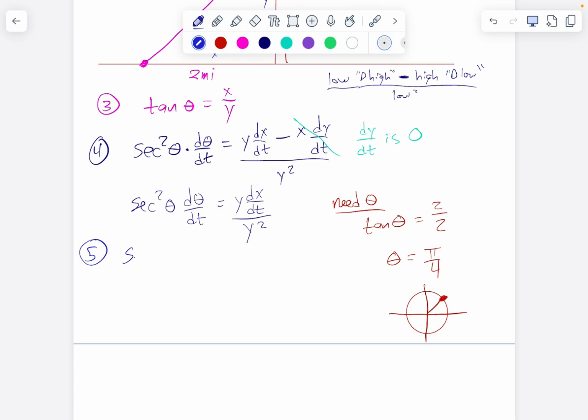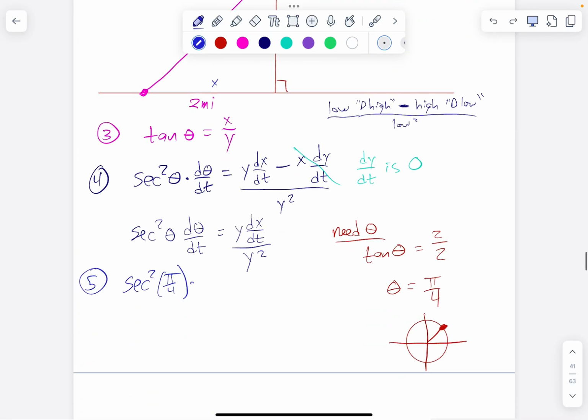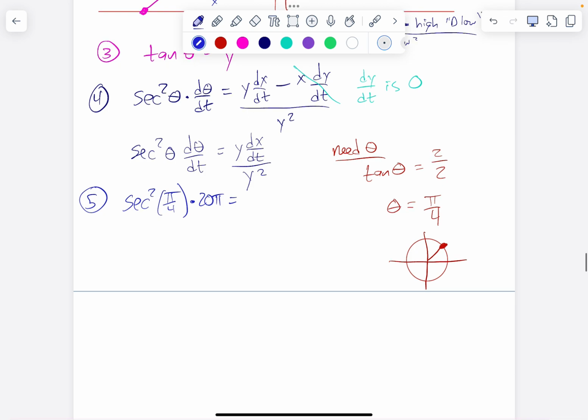All right, step 5 then. So secant squared of pi over 4, let's just plug that in. 20 pi for d theta dt. Y is 2, so it's dx dt over 2. And the reason I'm doing that again, y over y squared is just y in the denominator. So save a little bit of work. Okay, can you do anything with this?